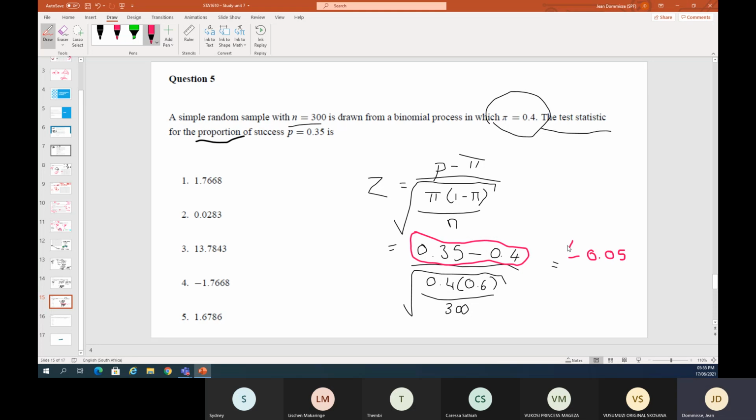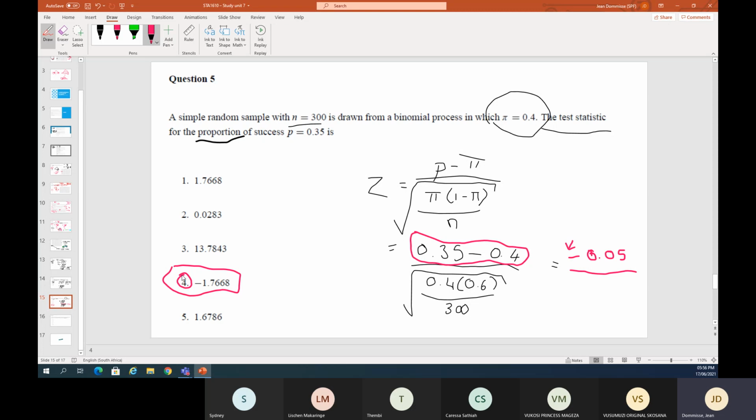Okay, it's going to be negative. So 0.35 minus 0.4 is minus 0.05. So without even calculating the rest, we know the answer is going to be negative. Look at your answers: the only one that's negative is option 4.